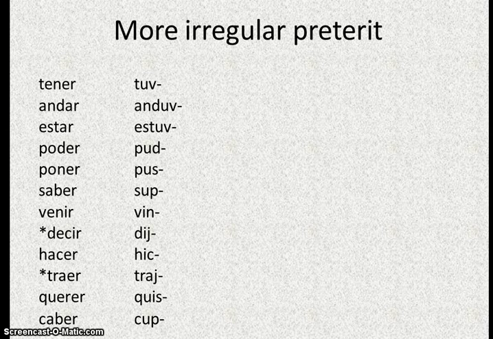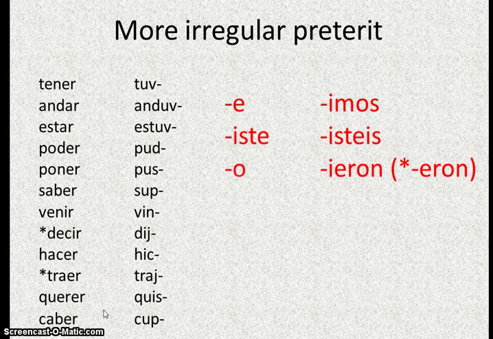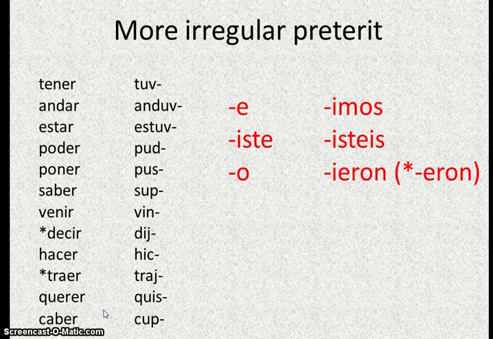Some additional irregular preterite verbs, these are considered irregular in their stem, but also in their endings, are this list you have here to the left. Their endings are iste, o, imos, istes, and ieron.